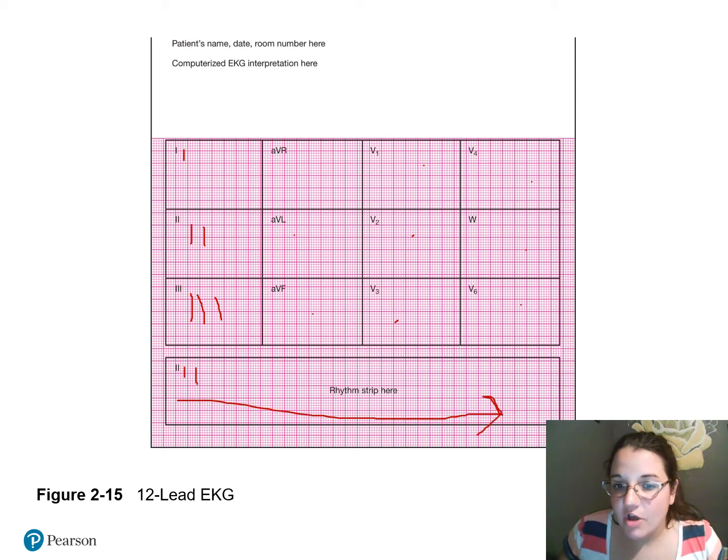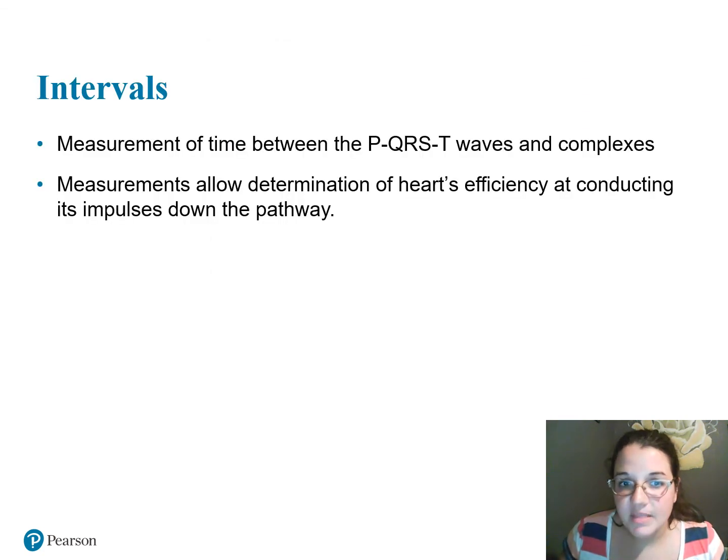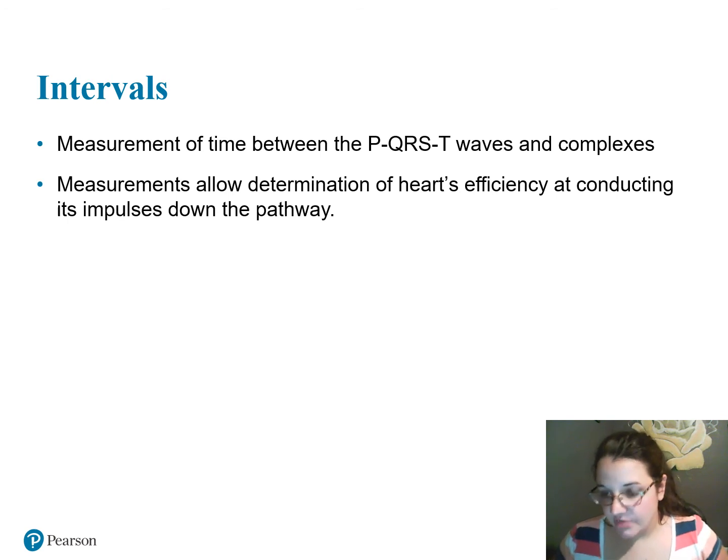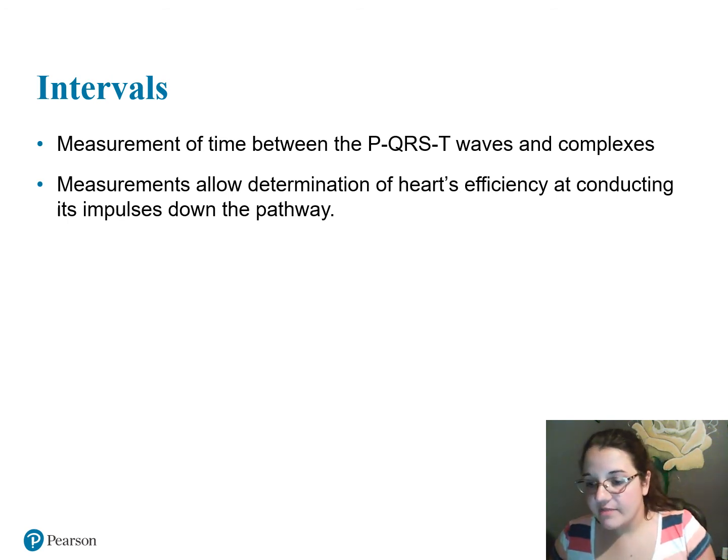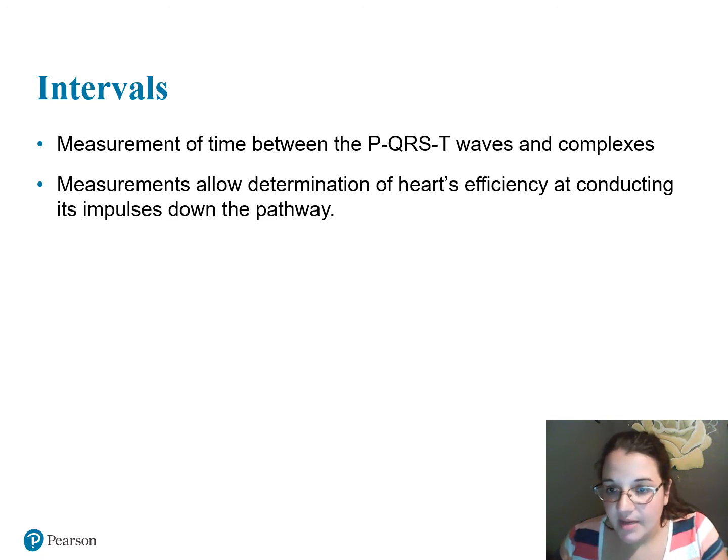Lead 2 goes all the way across the whole length of that 6-second strip. How do you measure these? We know now that 5 big boxes is going to be 1 second, 1 big box is 0.20 seconds, and 1 little bitty box is 0.04 seconds. So we're going to measure across, and we're going to measure in between my P, my QRS, and my T.